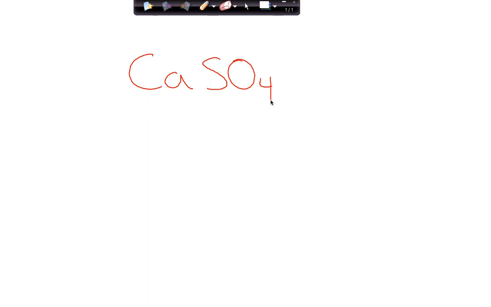Because guys, you've got to be able to do this live, in lab, in the real world, if you will. When we go into lab in the coming months, you're not going to be told, this is a molecule, name it with prefixes. You're not going to be told, this is a salt, name it with Roman numerals.